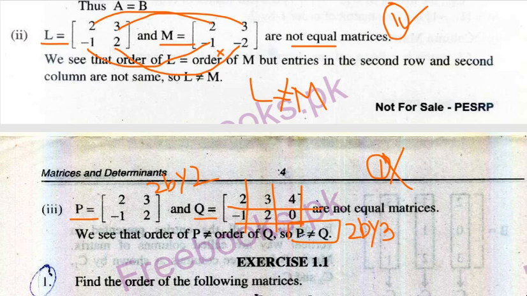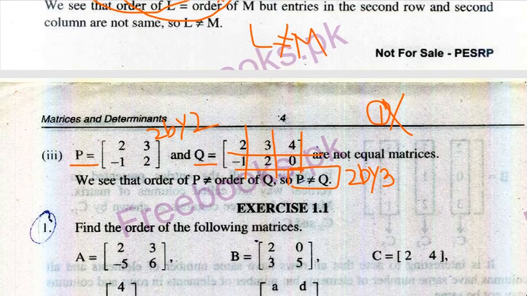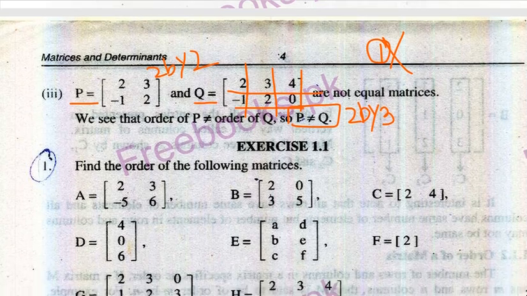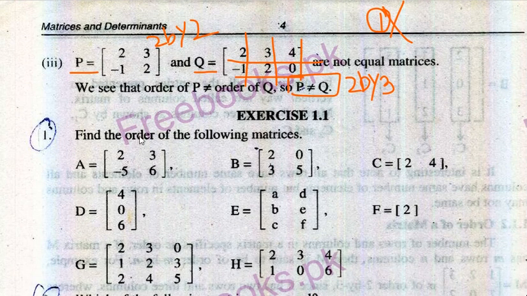Okay students, next there is an example, exercise 1.1 of your textbook. In question number 1, you find the order of the following matrices. As I explained earlier about how to find the order of a matrix, find the rows and columns of each matrix and write them in the proper way.